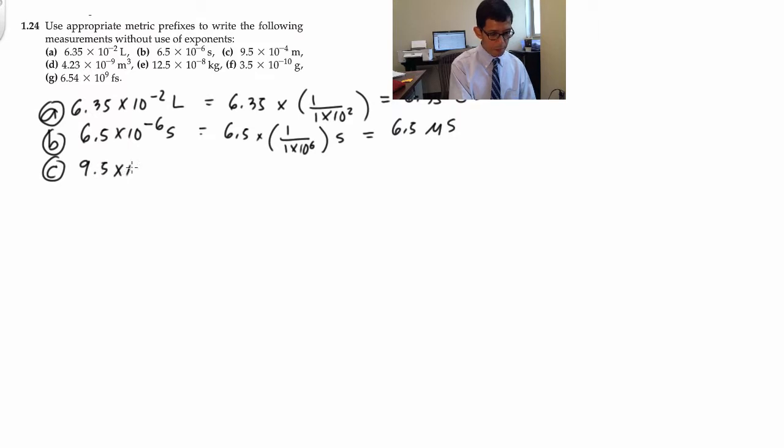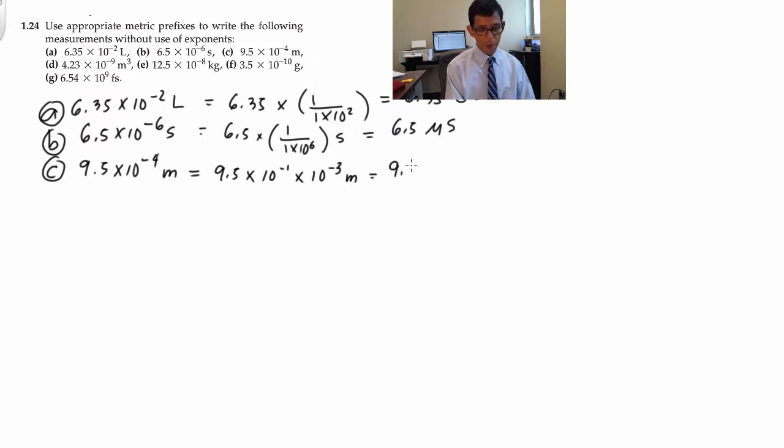Next one, 9.5 times 10 to the negative 4 meters. Okay, it looks like we're going to have to split it up. So 9.5 times 10 to the negative 4 is like 9.5 times 10 to the negative 1 times 10 to the negative 3. And this is meters. So that's like saying 9.5 times 10 to the negative 1 times 1 over 1 times 10 to the third, or 1/1000th. And what is 1/1000th? That is milli, isn't it?